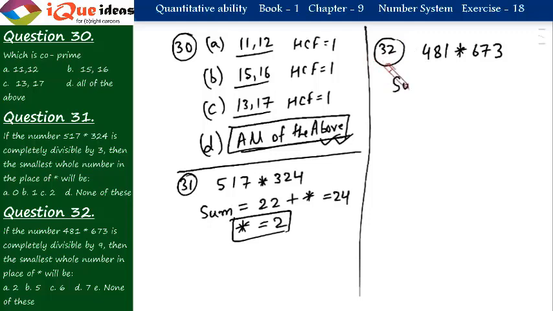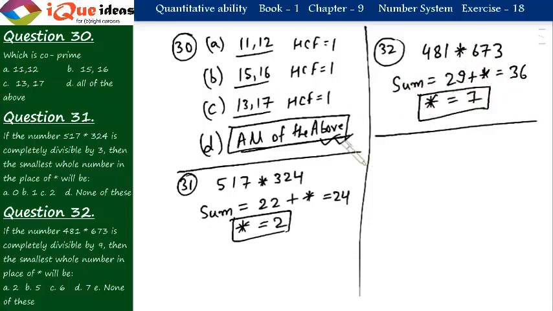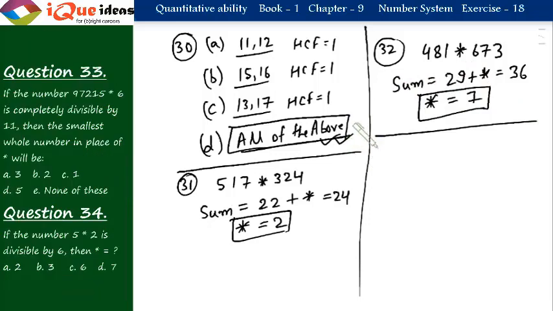So the sum would be equal to 4 plus 8, 12 plus 1, 13 plus 6, 19 plus 7, 26 plus 3, 29 plus the star. Now above 29 the nearest multiple of 9 is 36. So 29 plus star should be equal to 36 for the star value to be smallest. So the star value is equal to 36 minus 29, and that is 7. So the value of star has to be 7 in this question. Alright. Now question number 33.